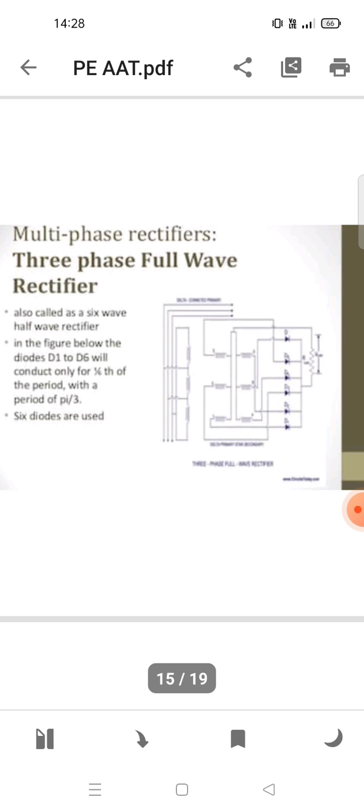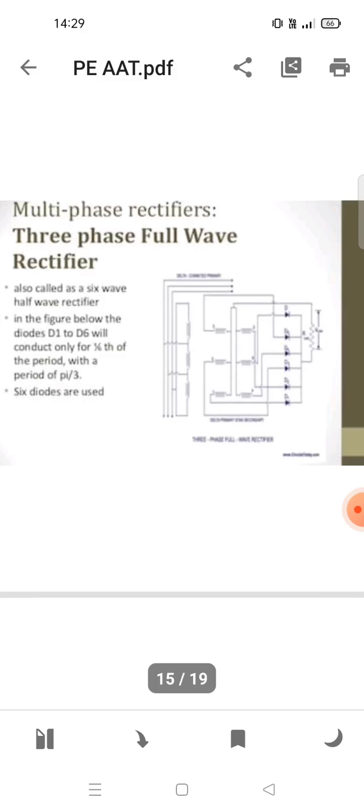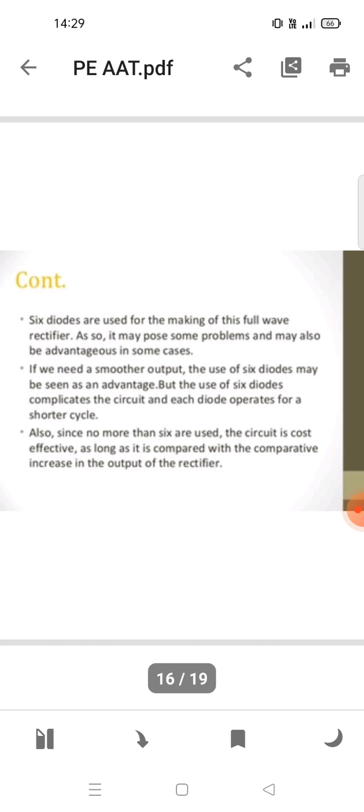Multi-phase rectifier: the three-phase full wave rectifier, also called a six-pulse or six-wave rectifier. In the diagram below, diodes D1 to D6 will each conduct for 1/6 of the period, that is, pi by 3. Six diodes are used for making this full wave rectifier, so there may be some problems and also advantages in some cases.